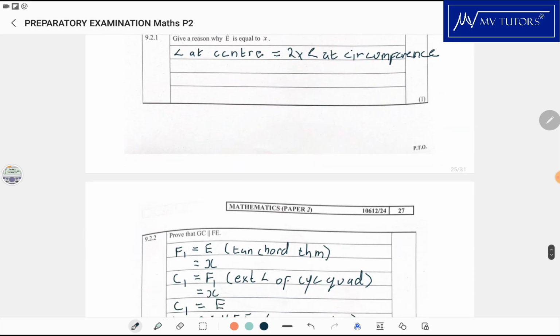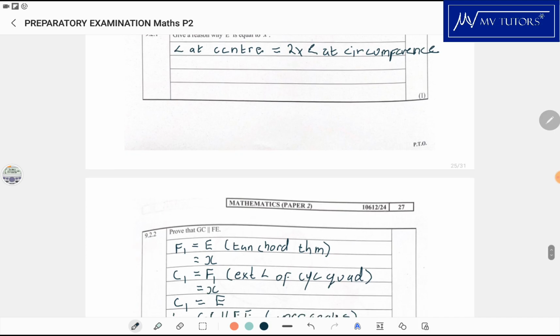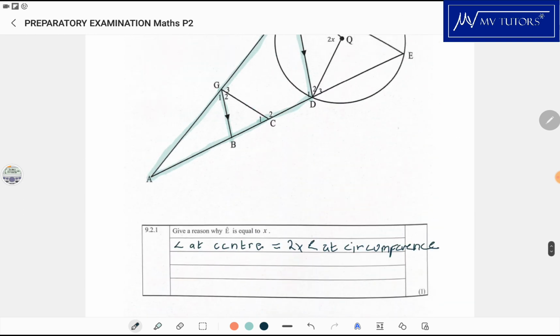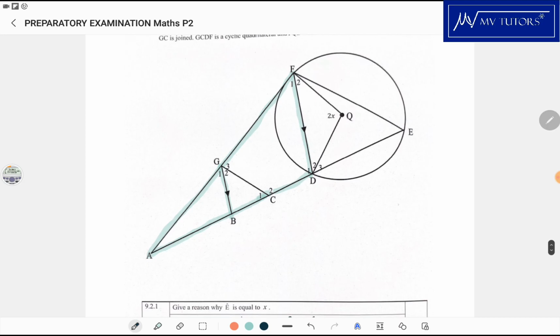Remember, on the previous question we were talking about proving that these other lines are actually parallel, GC and FE. Remember, we spoke about that. That's the next thing we'll be looking at right now. I want to highlight those two. So let me just rub these ones out. Now the new highlights will be GC.